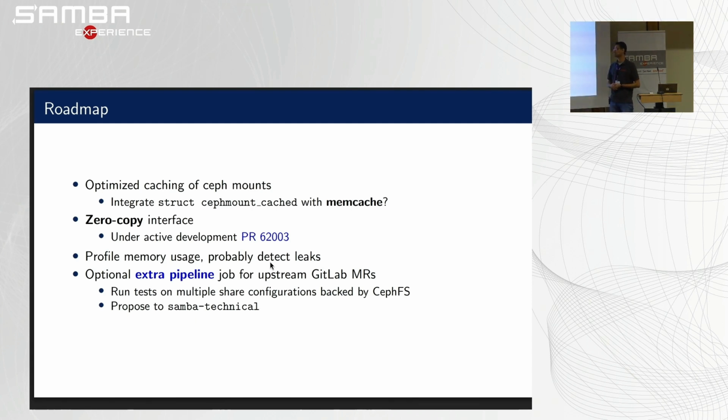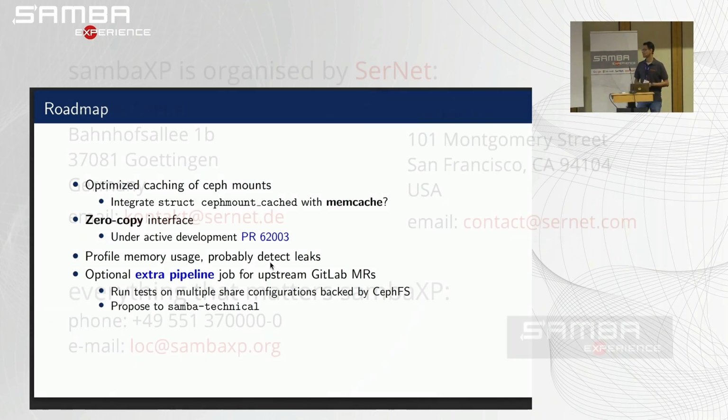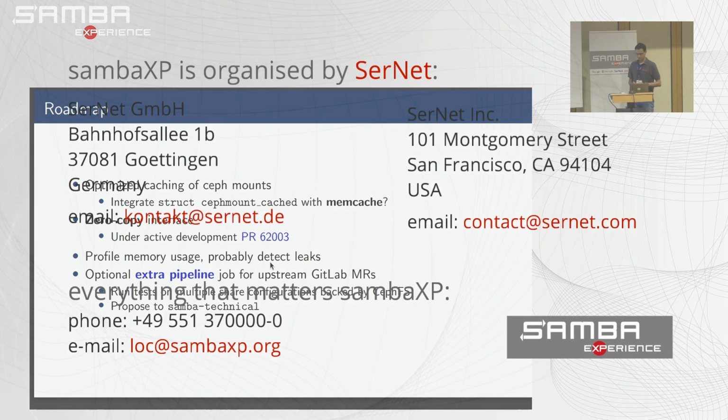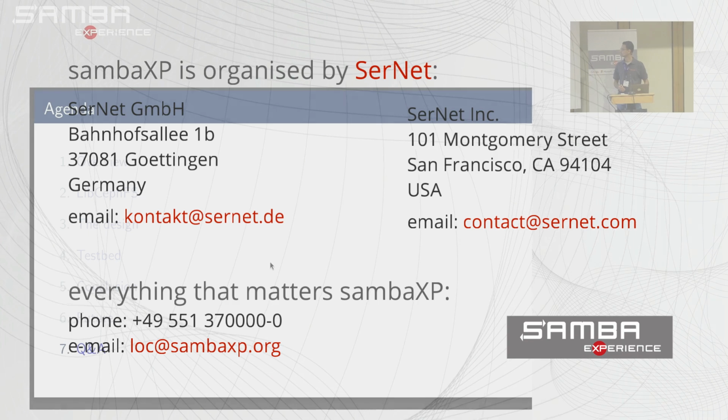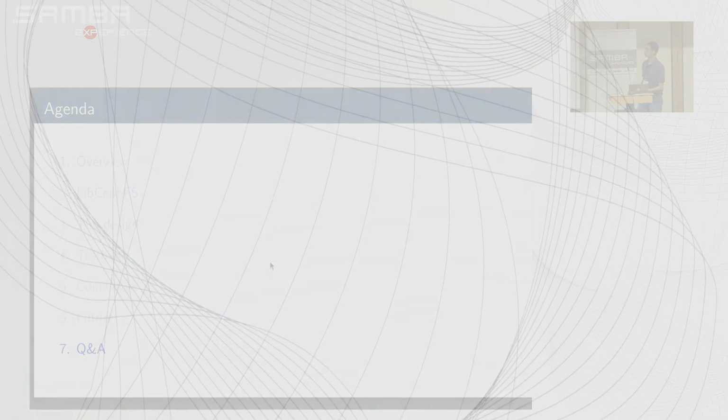So we have the framework and everything ready on our side. We just have to integrate it with the GitLab CI. It should be doable. Maybe we can propose it to the Samba technical team and see how the discussion goes. I think that's it from my side.